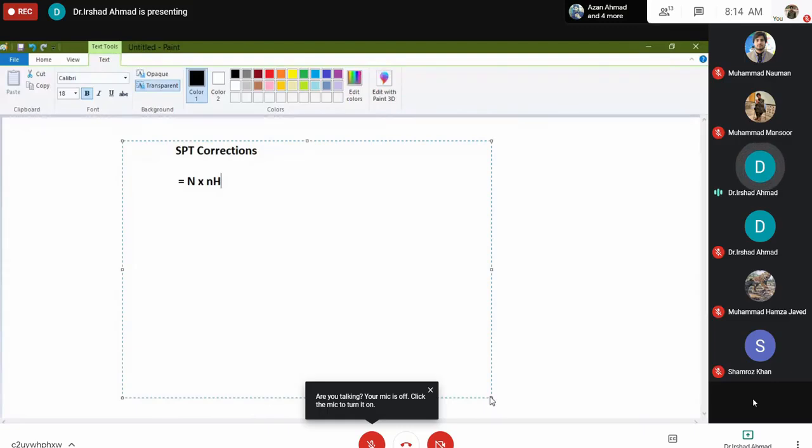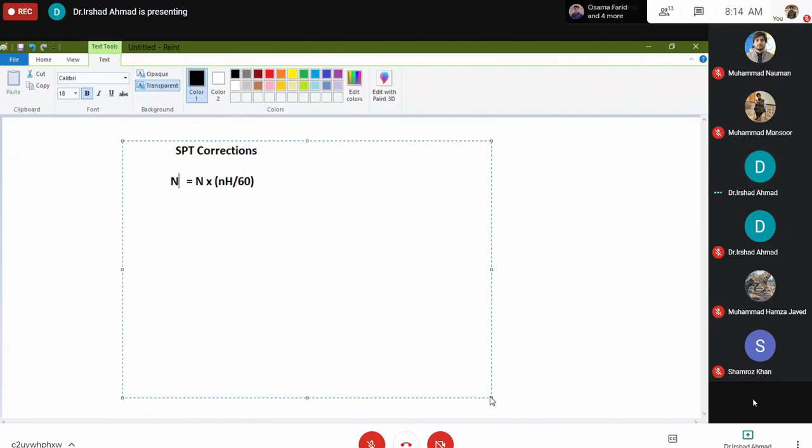If you divide this by 60, which we consider as standard energy, SPT with standard energy, you divide it with 60. So you get N60.